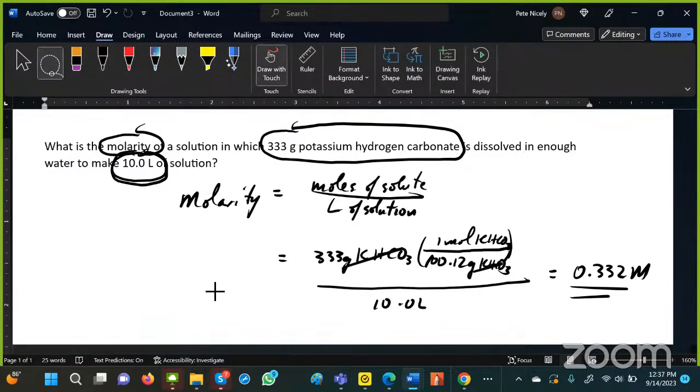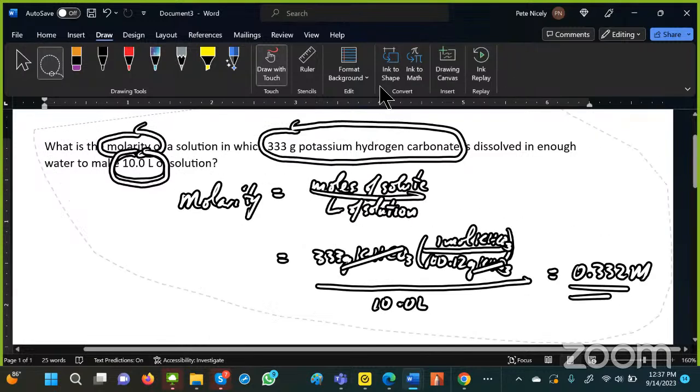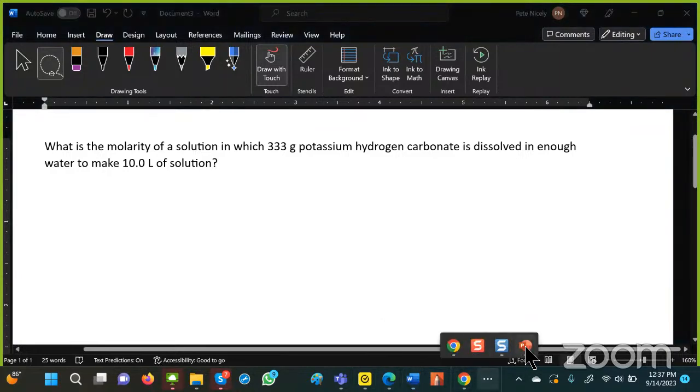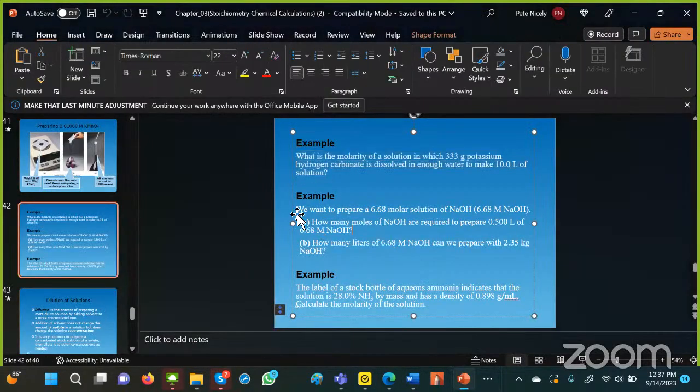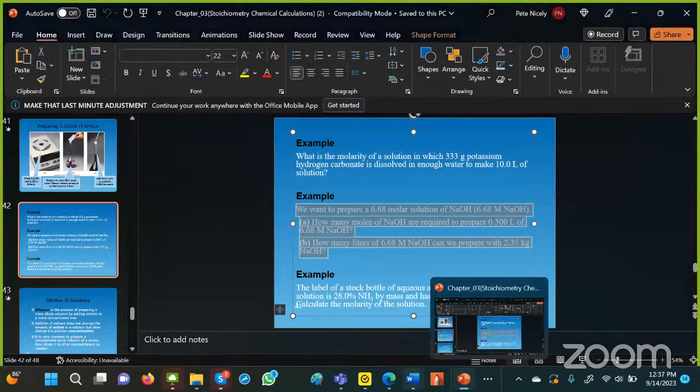Is it okay for me to erase this? Okay, so let me get rid of this here. And let me go back to the PowerPoint, and let me copy this question and then go back to Word.